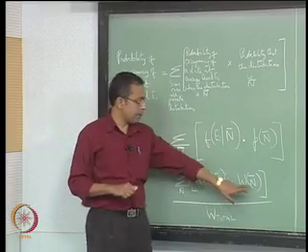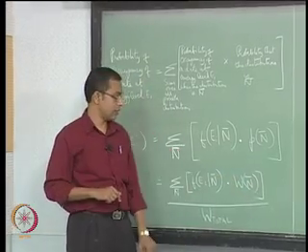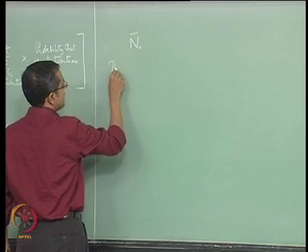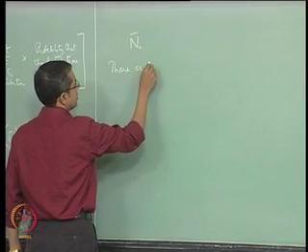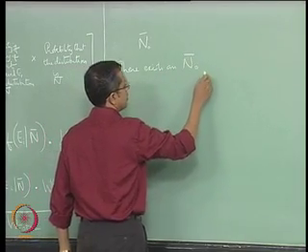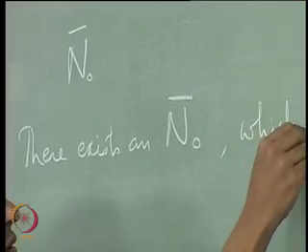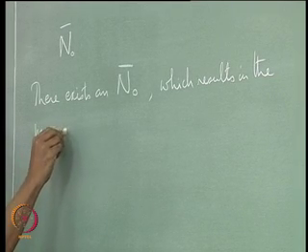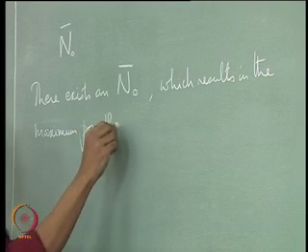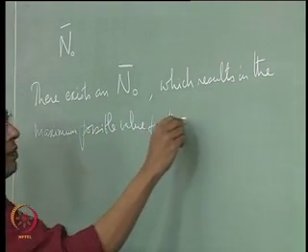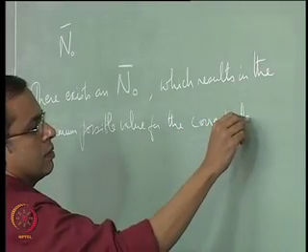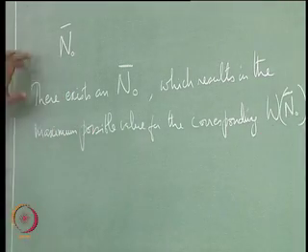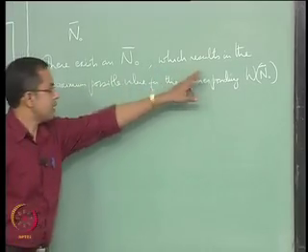It basically says that there exists one particular distribution n bar naught, which results in the maximum possible value for the corresponding W, or omega n bar naught.